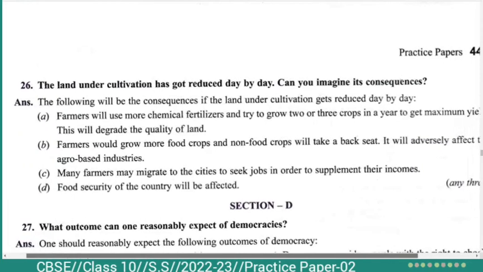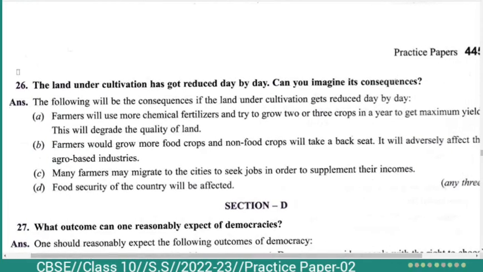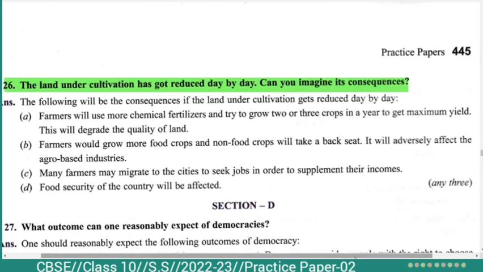Now question number 26. The land under cultivation has got reduced day by day. Can you imagine its consequences? Answer: the following will be the consequences if the land under cultivation gets reduced day by day.